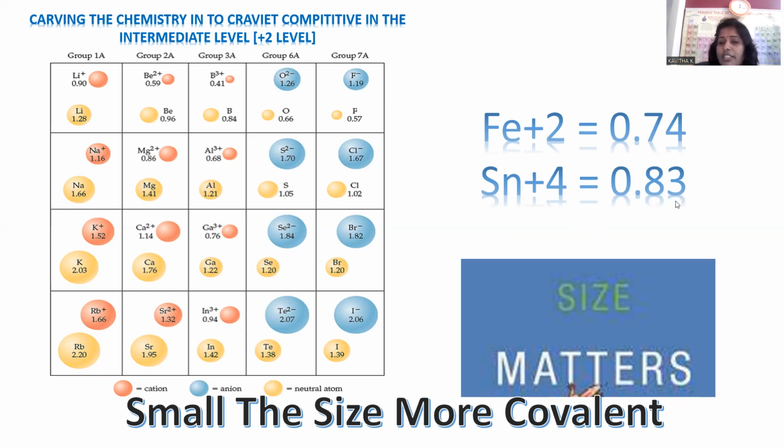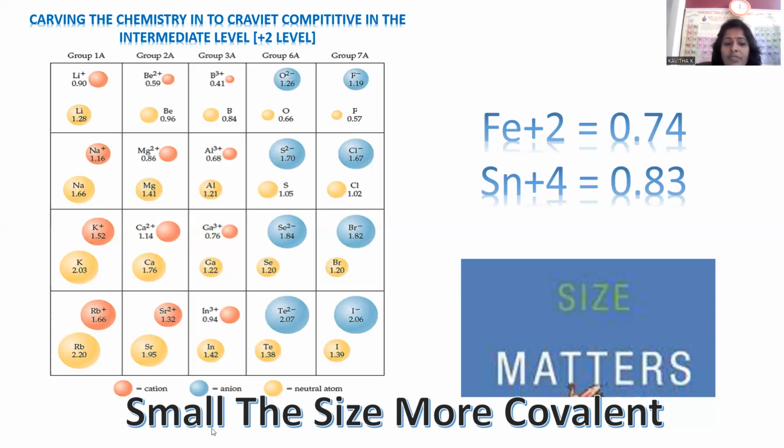If tin +4 is 0.83, tin +2 will be greater than 0.83, so it will be the largest among all the given options. Tin +2 will be the largest, next followed by magnesium +2, next followed by iron +2, 0.74, and the least size is for aluminium +3, that is 0.68. Greater the positive charge, more shrinking in size, smaller will be the size, right?